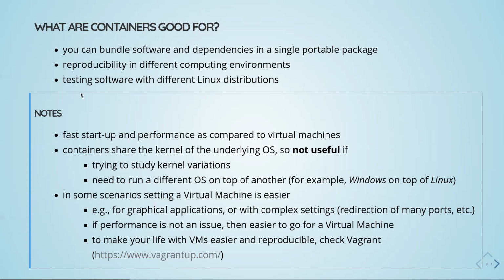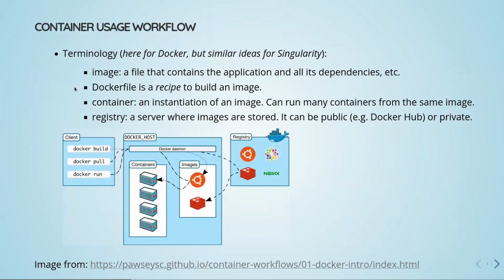Okay, and so just to see what is a normal usage workflow of containers, this is basically done for Docker, but the ideas for Singularity will be similar. So you have an image that is a file that contains the applications and all its dependencies. Here we are assuming that we have this Docker host.